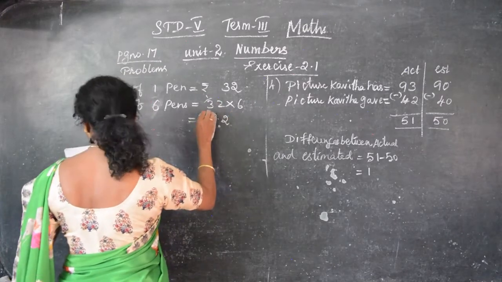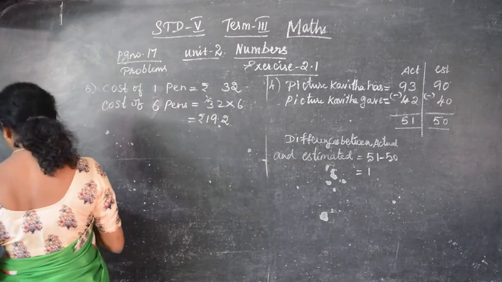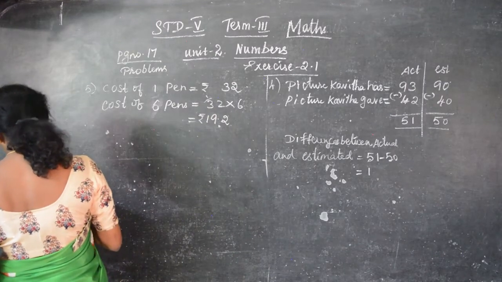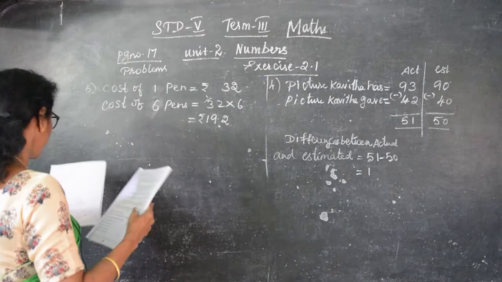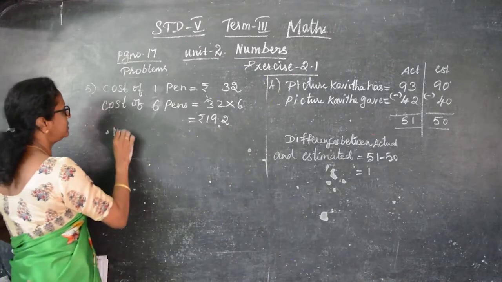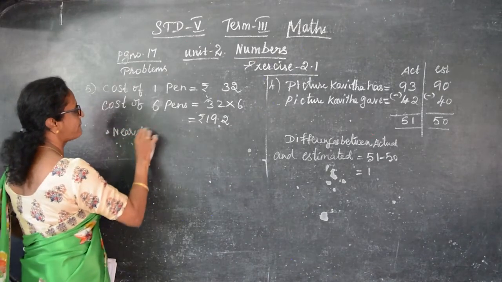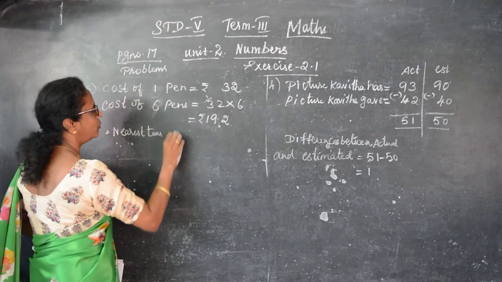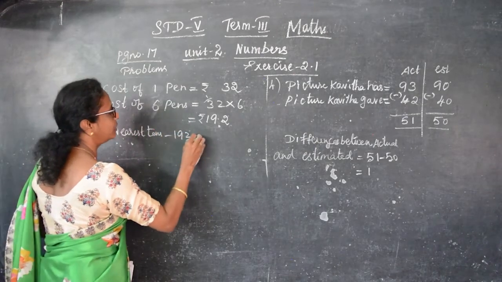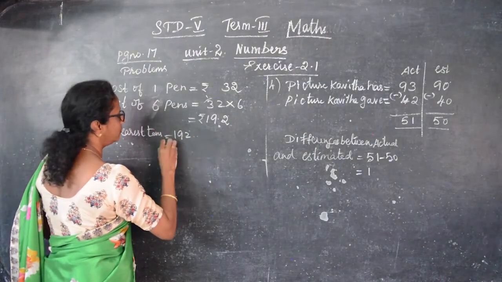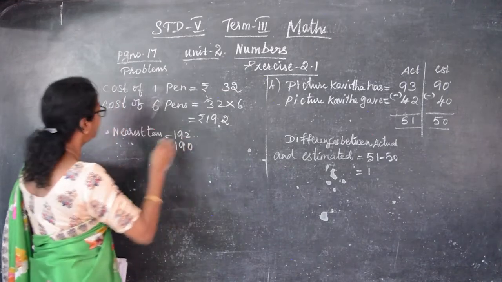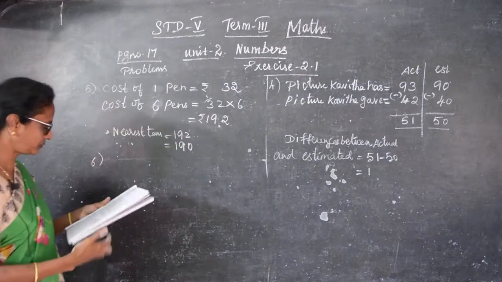That is equal to rupees 192. So what they are asking, estimate it to the nearest tens place. So nearest tens, that is 192. That is equal to 190.